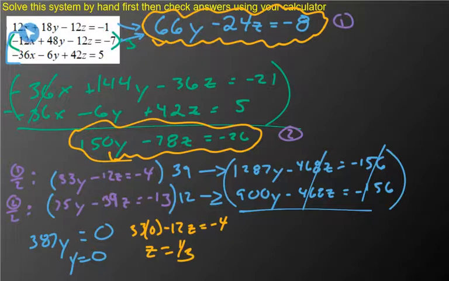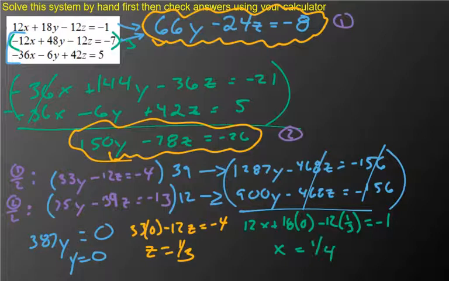I'd probably do the first one. So if I plug into the first one, 12x plus 18 times 0 minus 12 times a third equals negative 1. If you solve that out, you just get a quarter. So basically, you're getting a solution of 1/4, 0, 1/3.